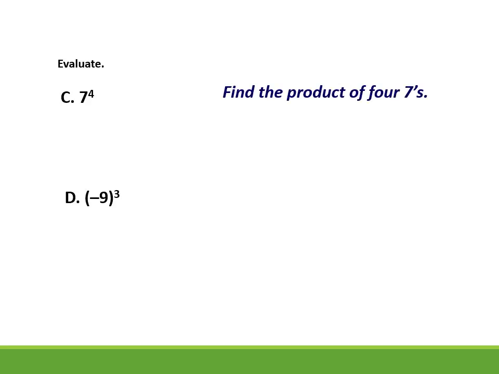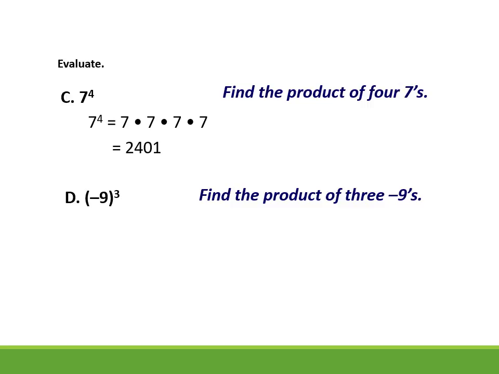What do you think is the answer? 7 to the fourth power is equal to 7 multiplied by itself 4 times, therefore that is 2401. And negative 9 raised to the power of 3 is negative 9 times negative 9 times negative 9, or negative 729.